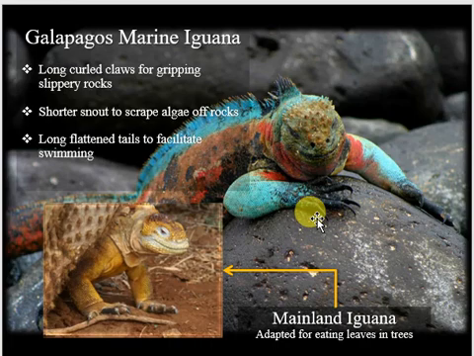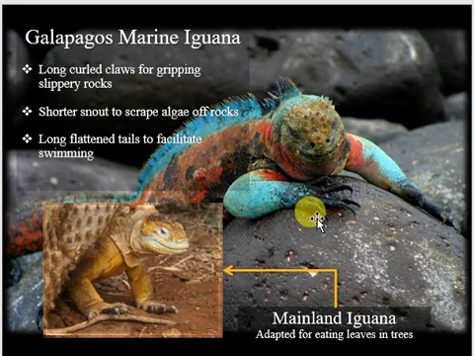They have long curled claws that are very dull, which allow them to hold on to slippery rocks so that they don't slip. They eat seaweed with the help of their shorter snout, which is used to scrape algae and seaweed off rocks. And they have a long flattened tail that helps to facilitate swimming.